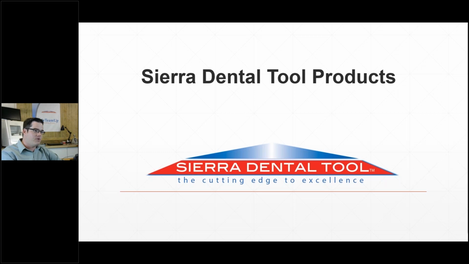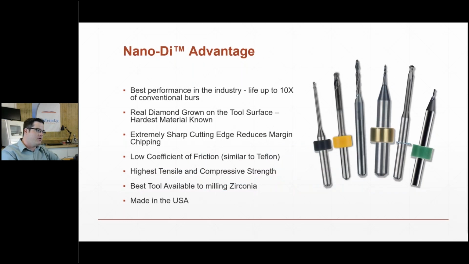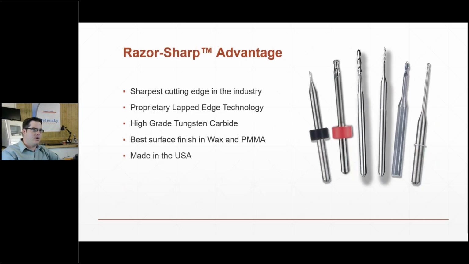So quick overview on products. The majority of what I've been talking about has been nano die. We make tools for all cutting, all mills that are on the market, essentially. Then our razor sharp. These are our uncoated tools.